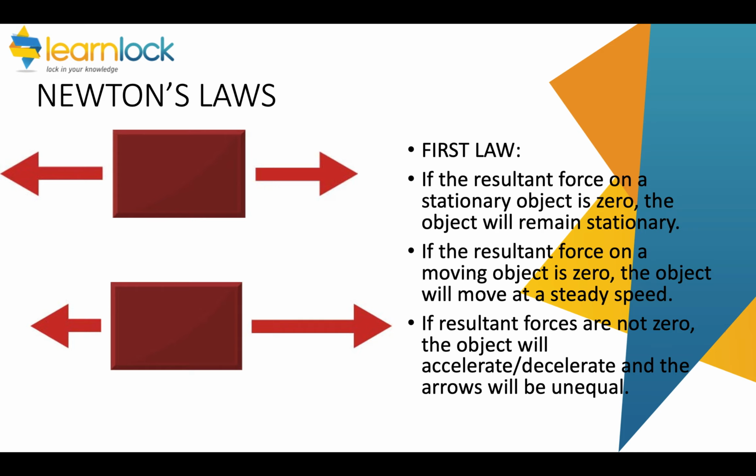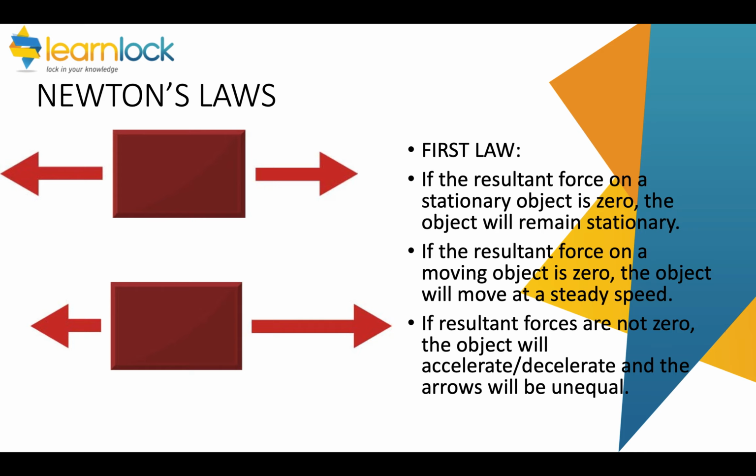And then each time you would time how long it takes for the glider to move between these two light gates. That will be able to give you the change in velocity and the time, and so you can also calculate the acceleration.